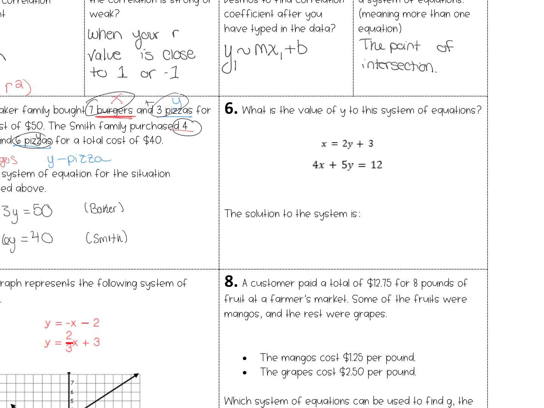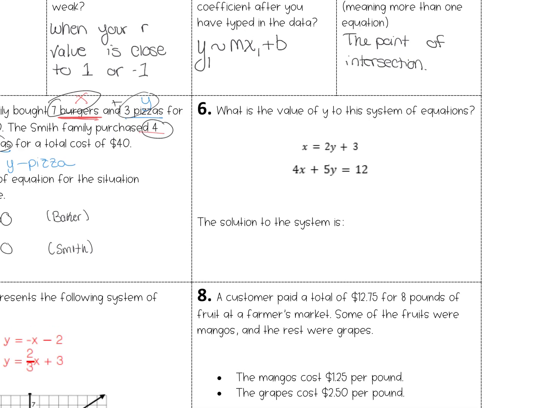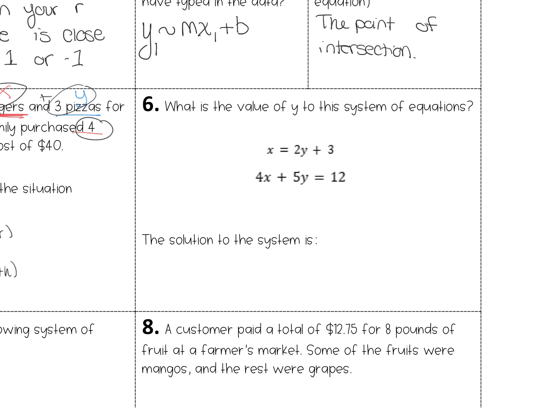On number 6, what is the Y value to the system of equations? So remember, if we're going to use Desmos or the calculator, technically Desmos, because it's probably a little bit easier, we need to solve for Y. So if I take this top equation, X equals 2Y plus 3, I need to get the Y by itself, so I'm going to minus the 3 away.